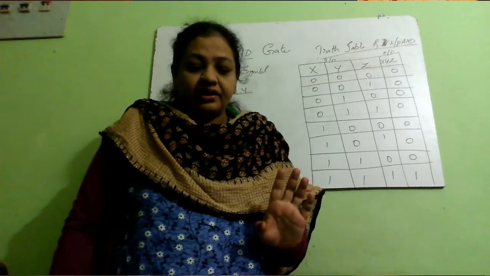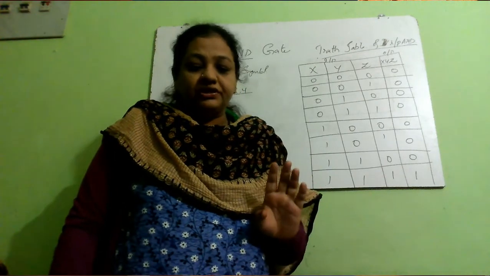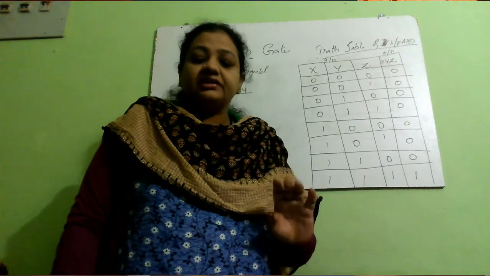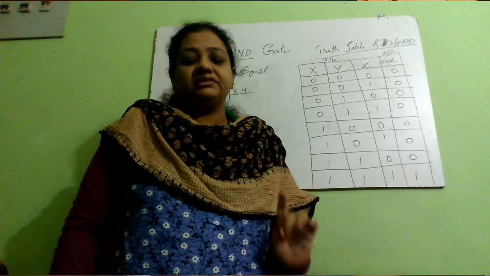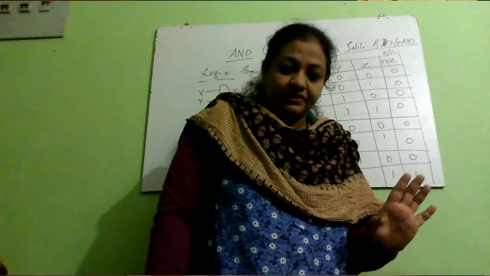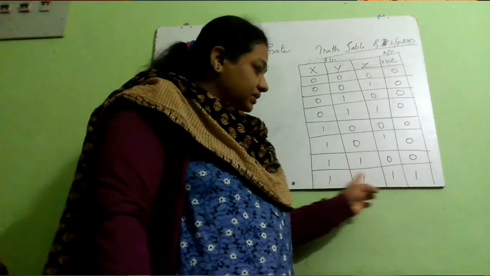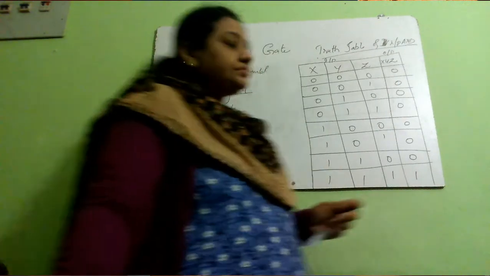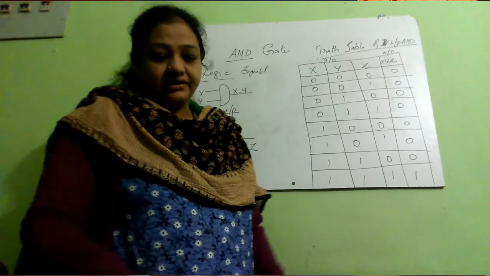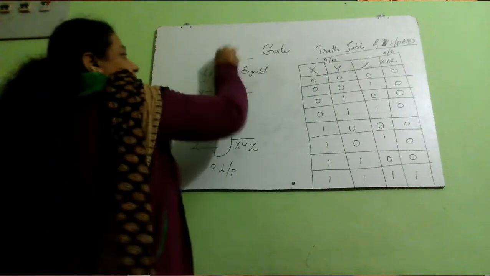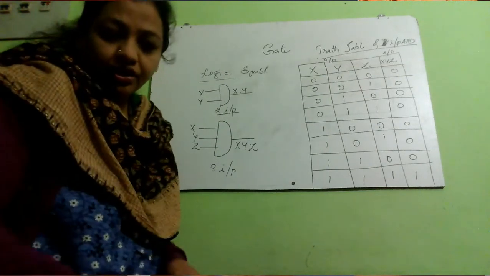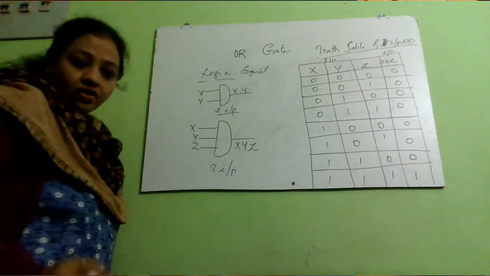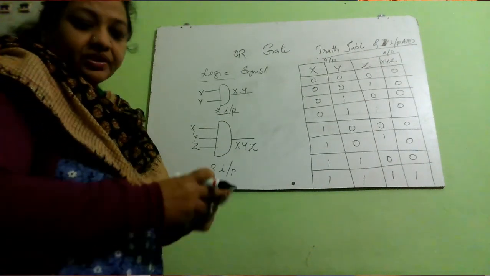There can be 3, 4, any number, but there is only one output. So there are 3 inputs. The inputs are x, y and z, and the output is x, y, z, that is, x ANDed with y ANDed with z.